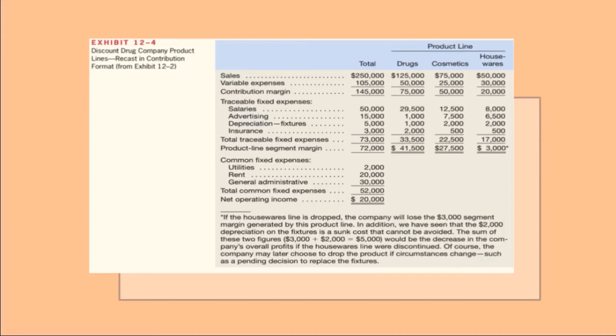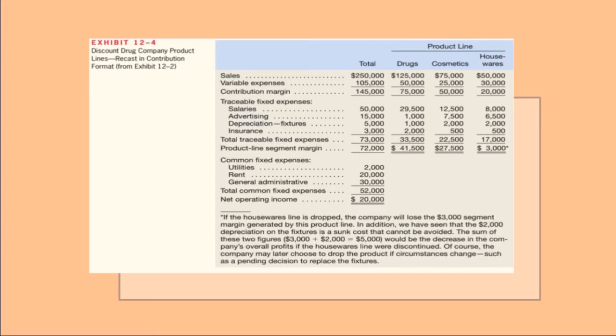The sum of these two figures, 3,000 pesos plus 2,000 pesos, or 5,000 pesos, would be the decrease in the company's overall profits if the housewares line were discontinued. Of course, the company may later choose to drop the product if circumstances change, such as a pending decision to replace the fixtures.